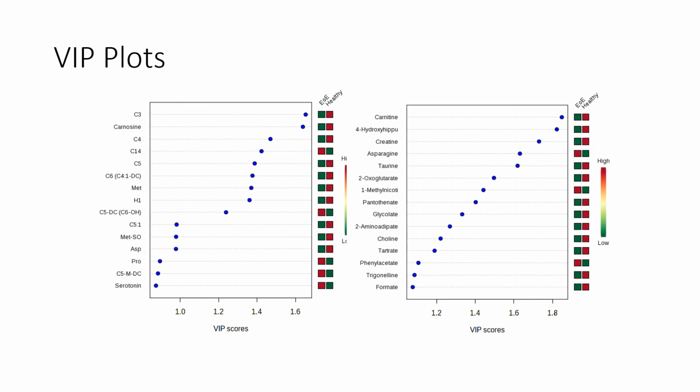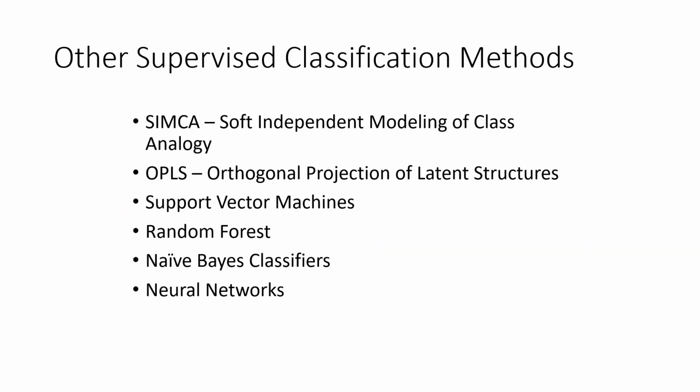On the plot on the right, we can see that carnitine, 4-hydroxypuric acid, and creatine are also all above 1.6, 1.8. And so those would also be important or highly informative features. So in that way, a VIP plot allows you to pull out important metabolites, just the way that the scores plot can also do that, or rather loadings plot.